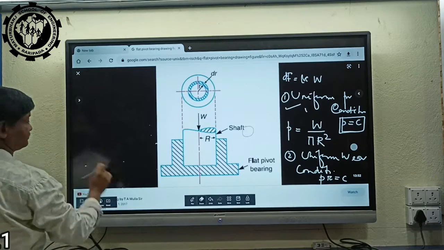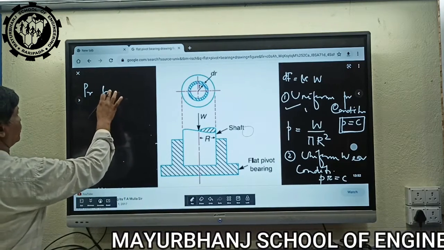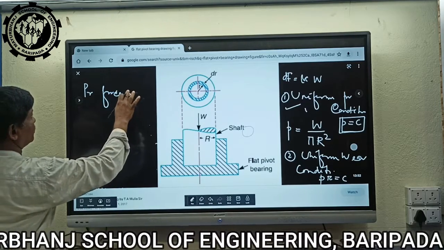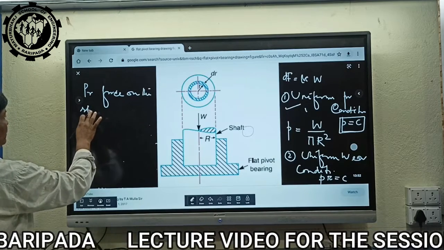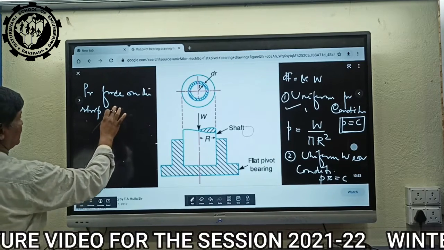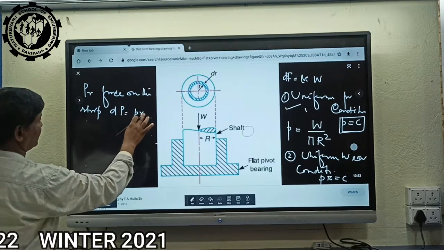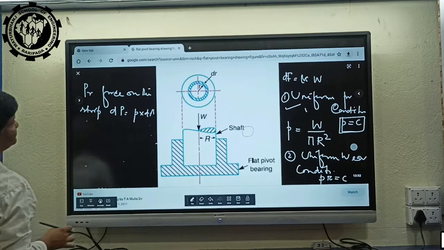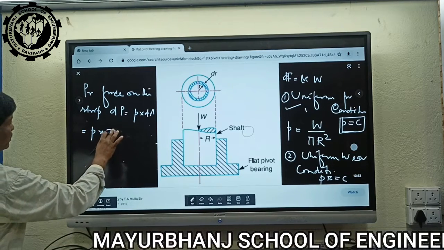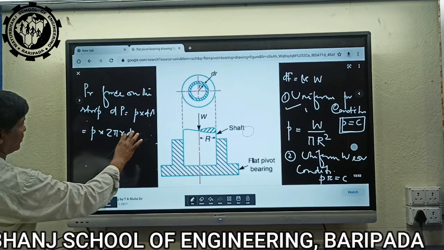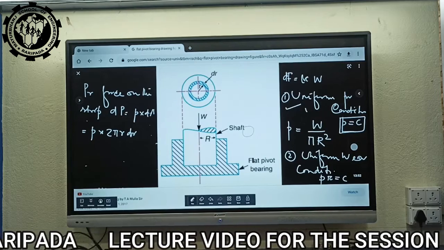Pressure force on the strip, dP is equal to P into dA, means pressure into 2 pi r dr. That is called the pressure force.